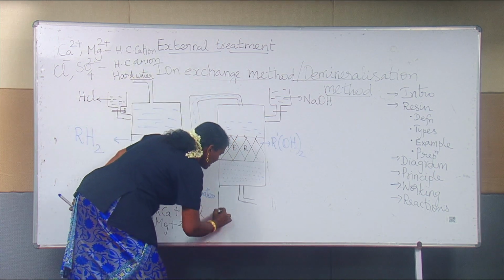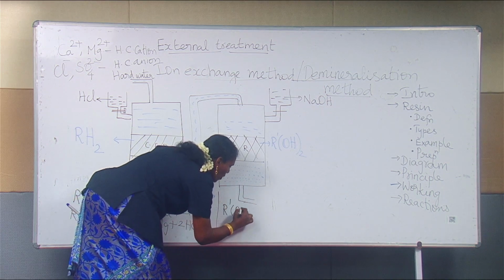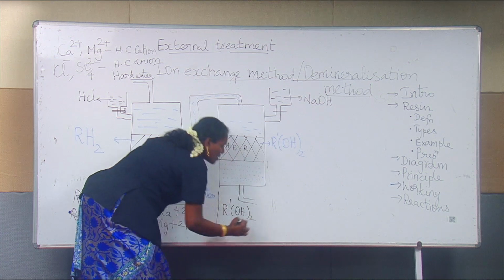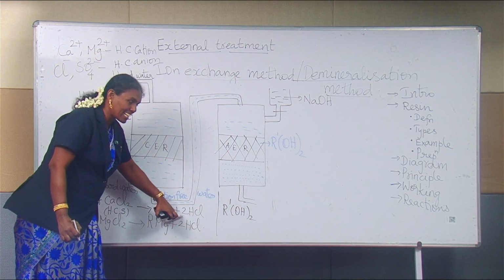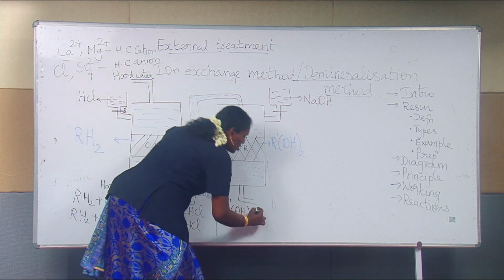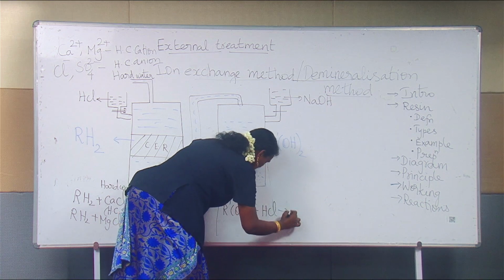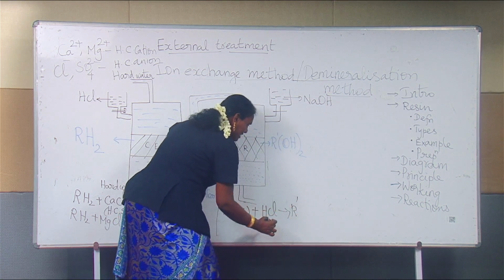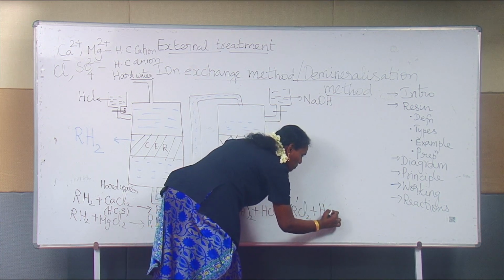The anion resin is represented as R' (OH)2. This R'(OH)2 reacts with HCl, and it gives R'Cl2 plus H2O.